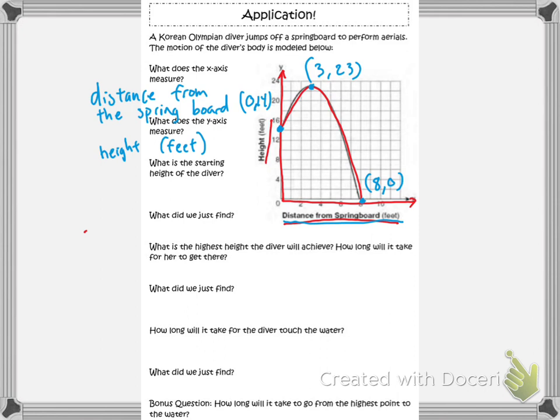Right, what is the starting height of the diver? So if you look at this model, in the very beginning, when he is about to take off from the springboard, how high up is he? Let's go to yellow. In the very beginning, at 0, his starting height was at how much?